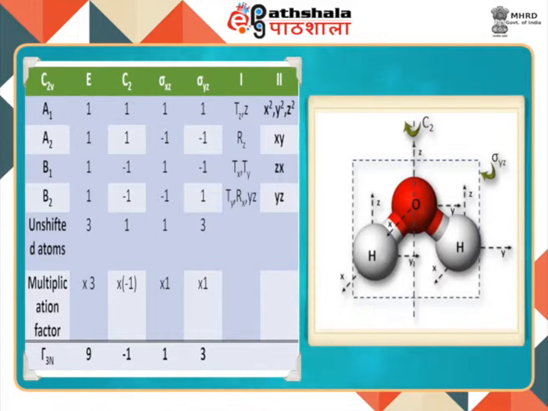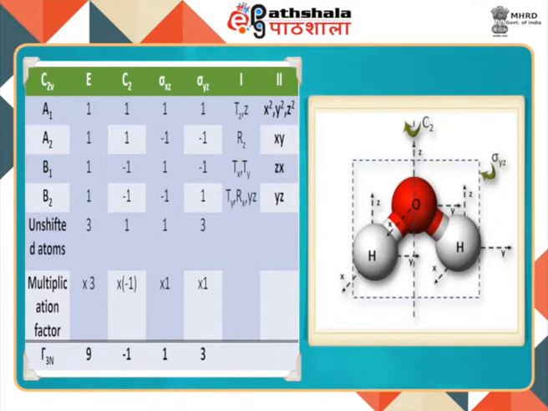If I take sigma xz, which passes vertically through the angle, again only the oxygen atom is not shifted, and the other two hydrogen atoms are interchanged. If I take sigma yz, which lies in the plane of the water molecule, all the three atoms are again not shifted.